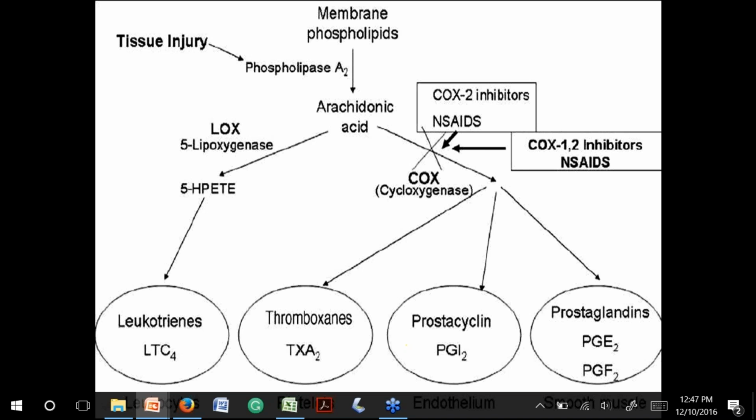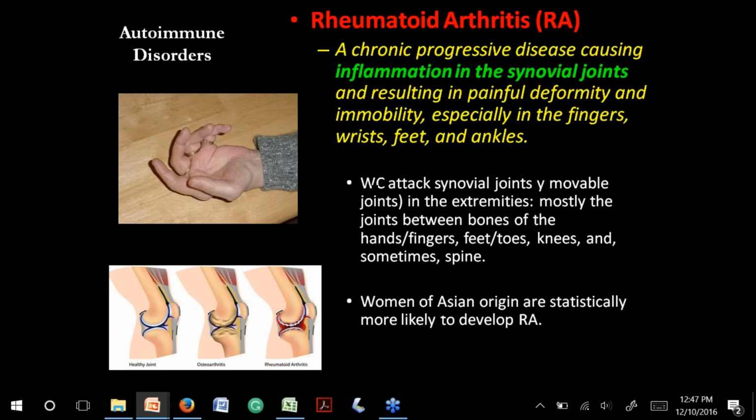To have pain is good, right? Why? Because we can detect where something wrong is happening. So pain is good. All right, but with too much pain, we can control the pain, and in that case we are going to use NSAIDs. NSAIDs are the non-steroidal anti-inflammatory drugs, as you can see here. Okay, all right, so let's keep going.